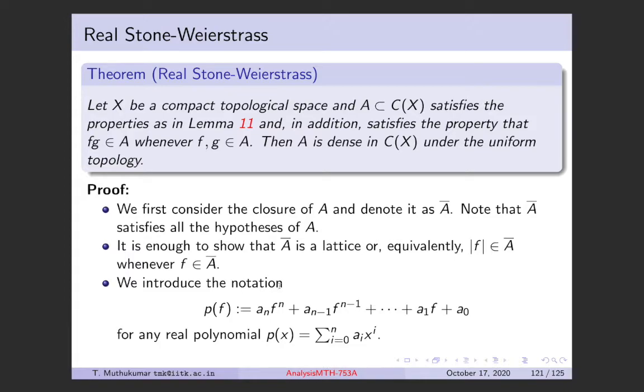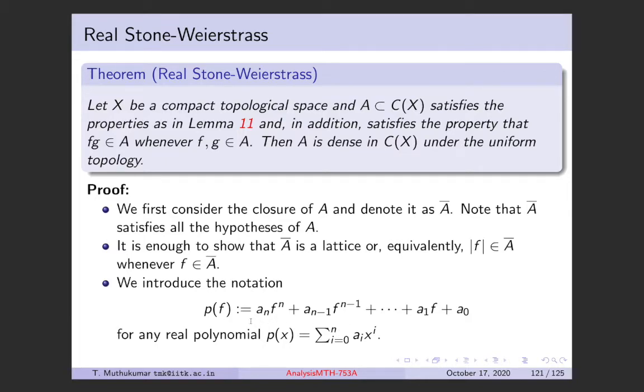So to do that, what we do is that we introduce this polynomial. Given any polynomial in one variable, you write down this polynomial form of any continuous function. So you have this function which is just pointwise product, right? Because pointwise product is assumed to be in A, so all these f^n, f^(n-1), all this will belong to A, and this dilation and sum of continuous functions.